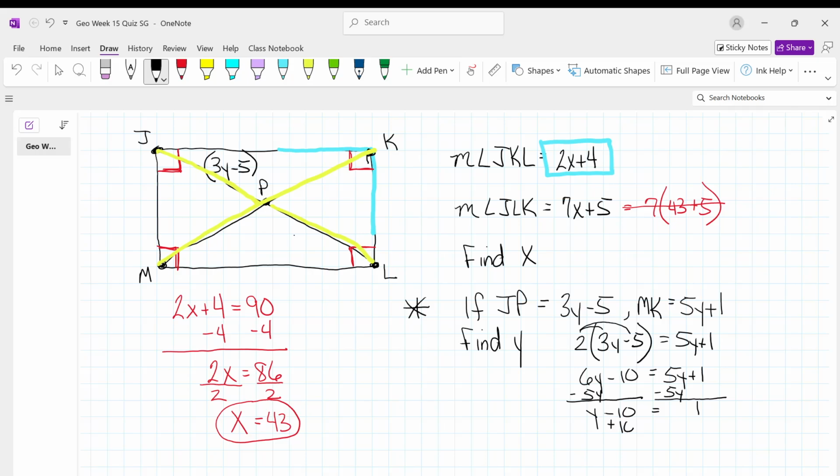And then add 10 to each side. So we get a y that's equal to 11. So those are a few examples of the types of problems you're going to have today and how you can use the rules related to rectangles to solve these quadrilateral problems.